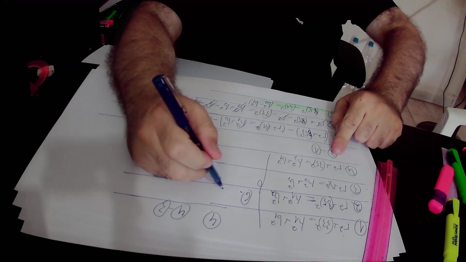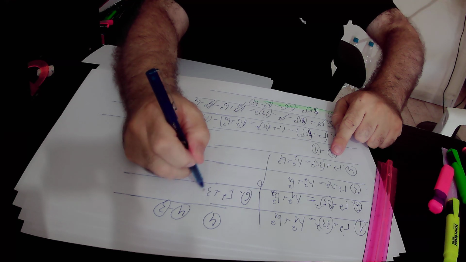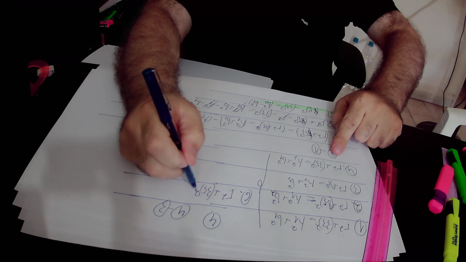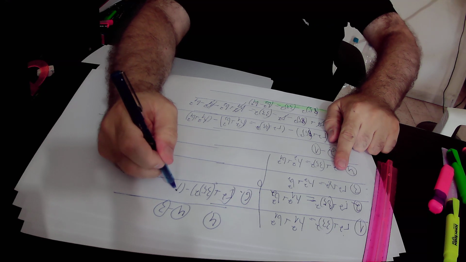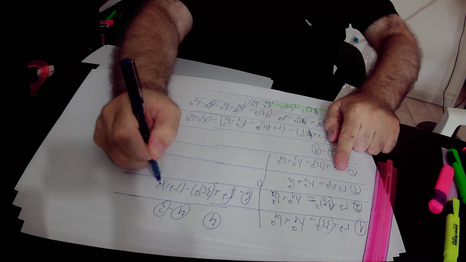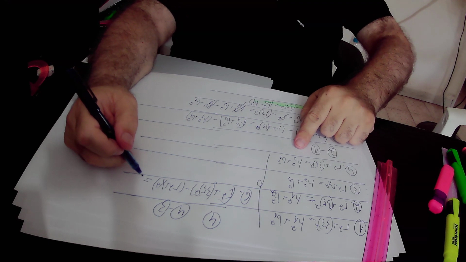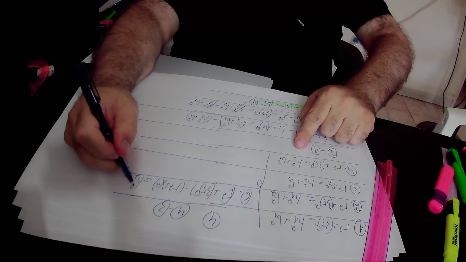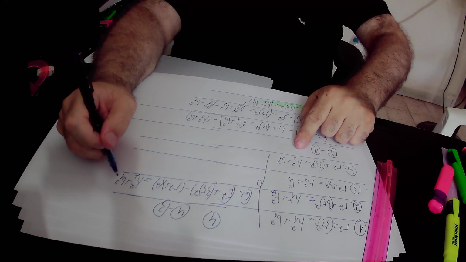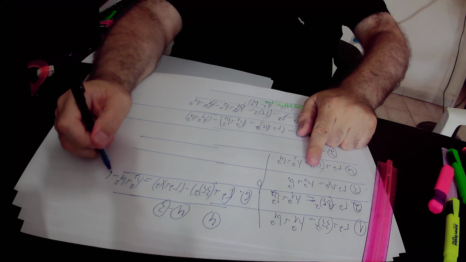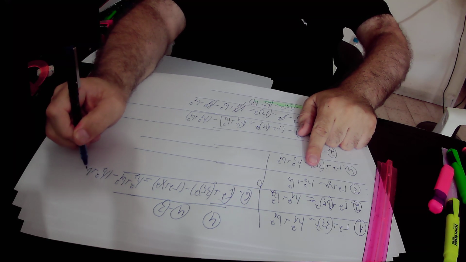In equation number 4 we have R square plus 35 square, minus equation number 3, R square plus X square, that is equal to H2 square plus B1 square minus H2 square plus B2 square.